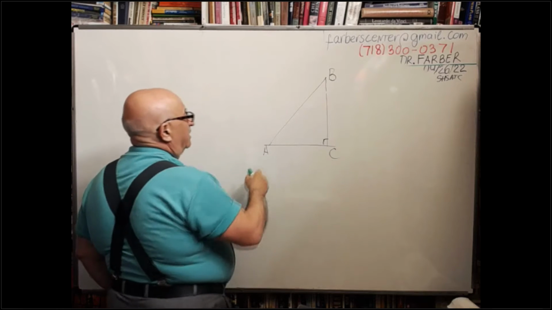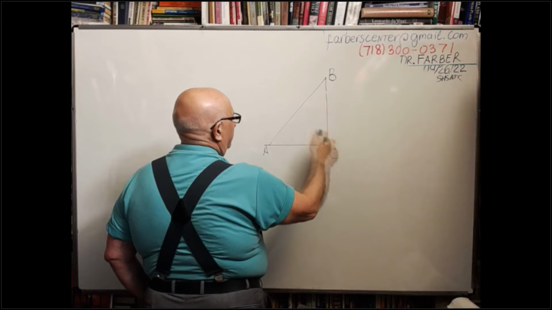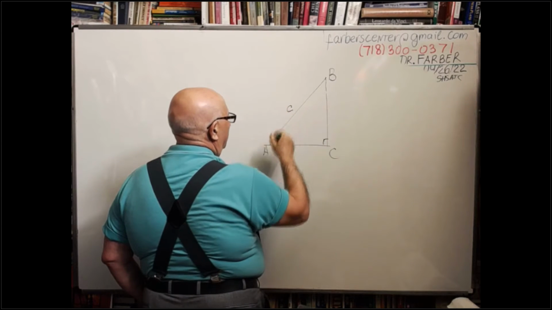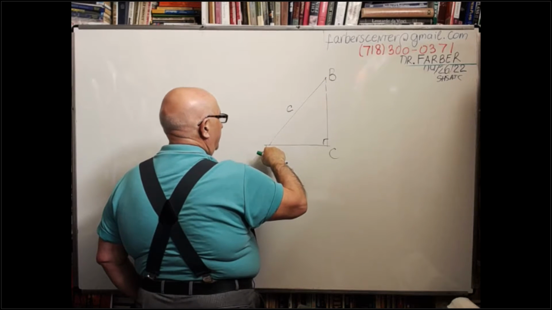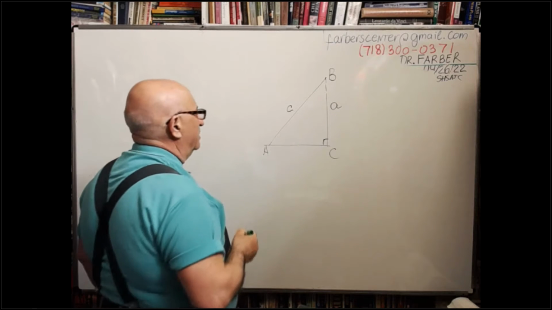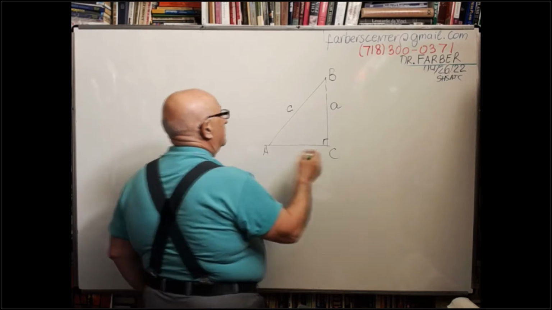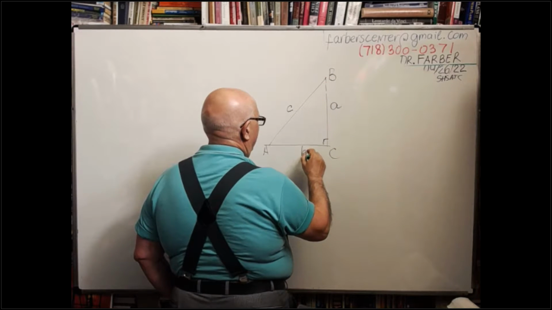Since this side is opposite of this vertex, I will name it C small. This side is opposite of this vertex, I will name it A small. And respectively, this side is opposite of this vertex, I will name it B small.